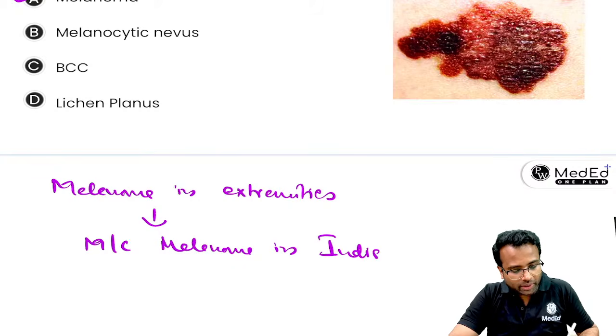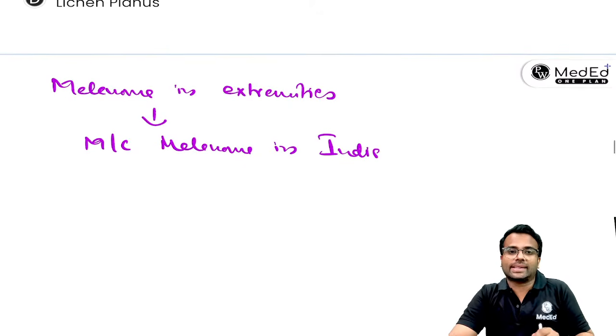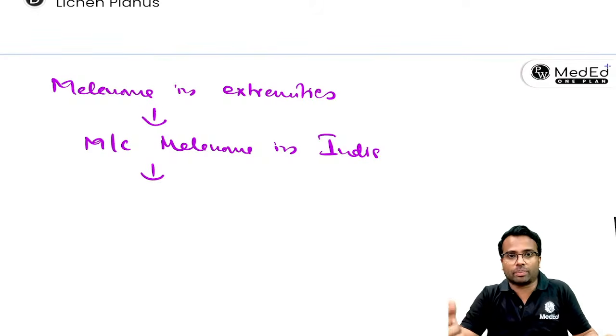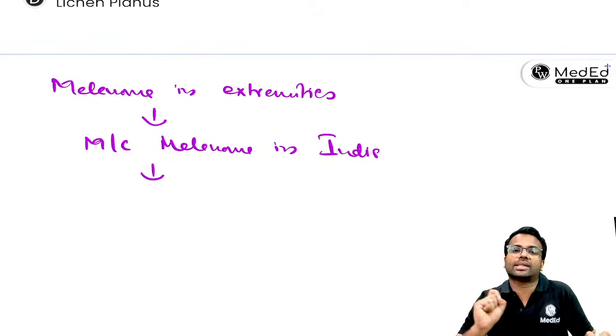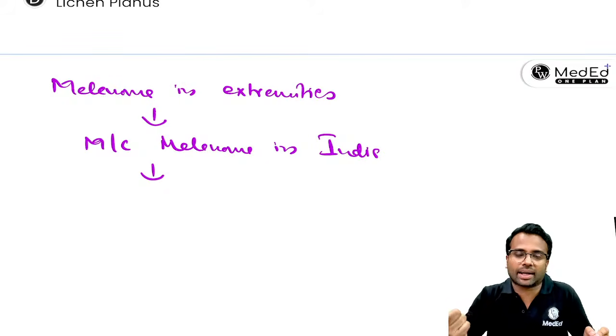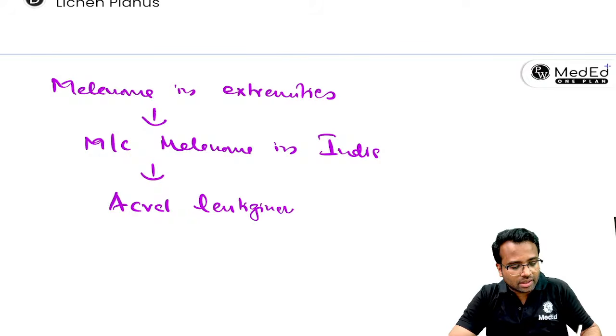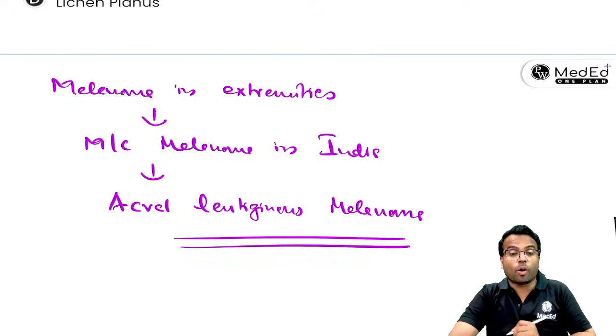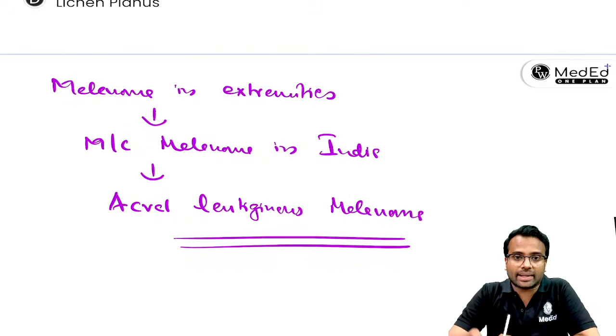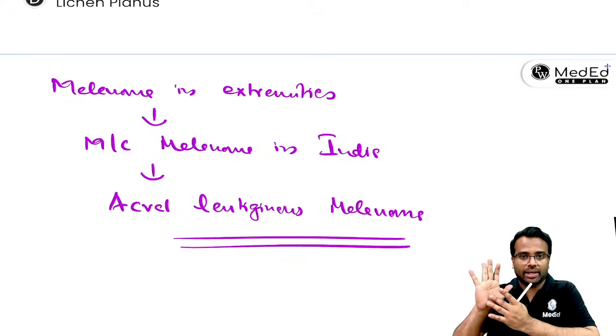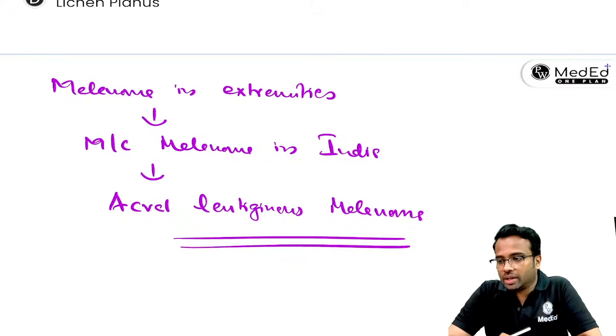For your exam, if you get an image like the foot of a patient with this kind of black color lesion, this is called acral lentiginous melanoma. Remember, it's the most common type of melanoma in India. Acral means extremity. Acral lentiginous type is the most common type of melanoma in India.